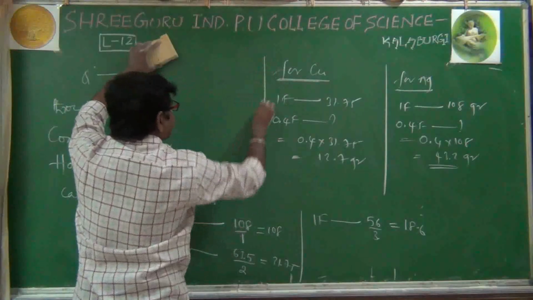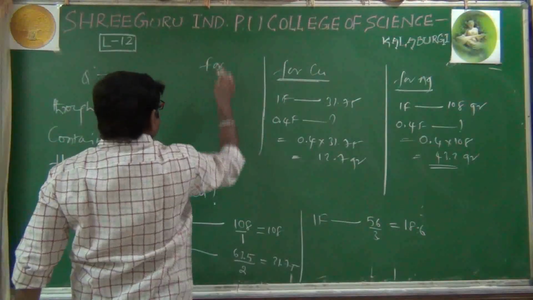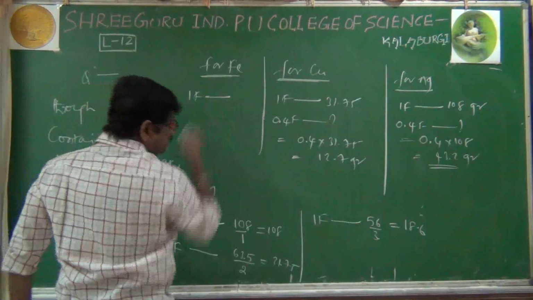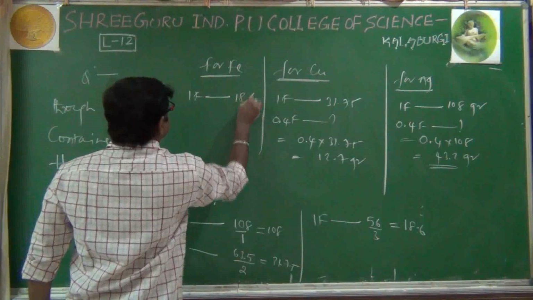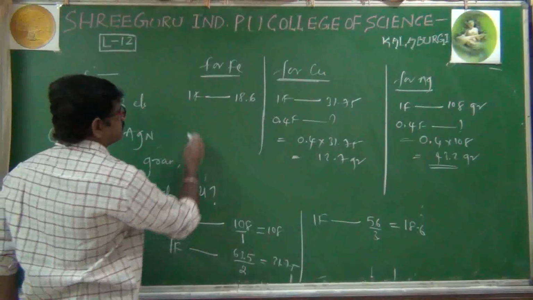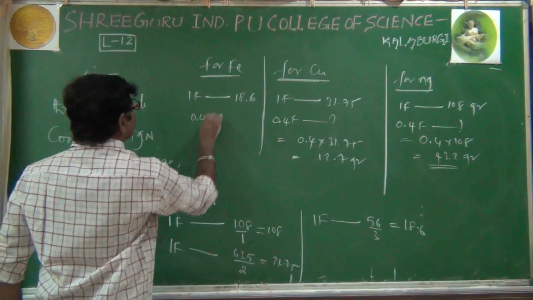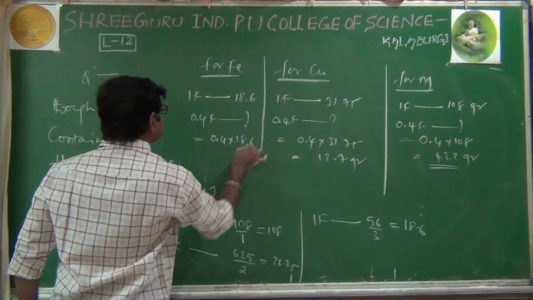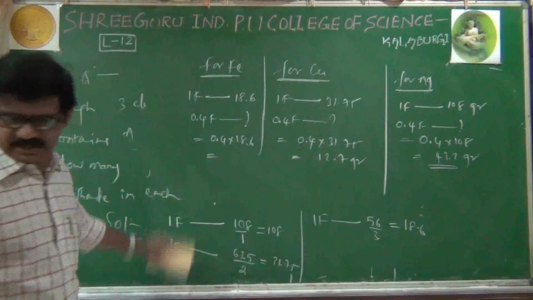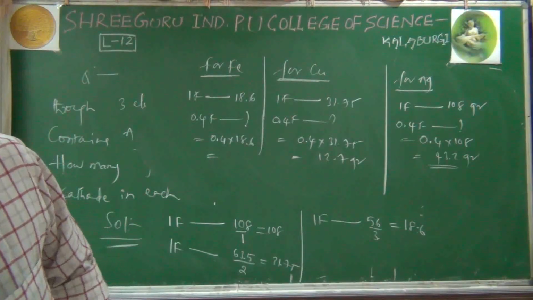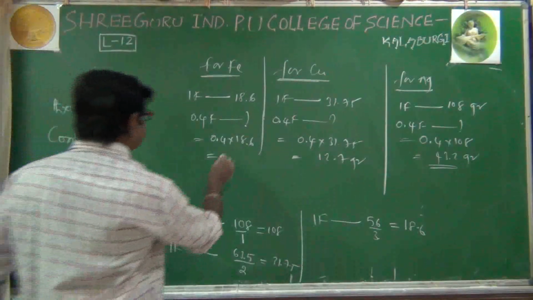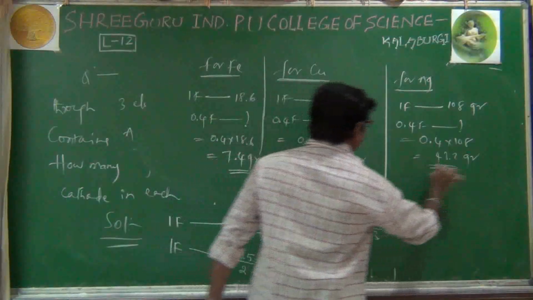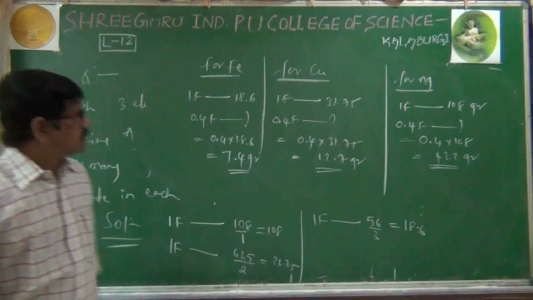Next, for iron, if you send 1 Faraday, 18.6 grams will be deposited. Then if you send 0.4 Faradays, how much? 0.4 into 18.6, nearly you will get 7.4. That's it. This is our answer.